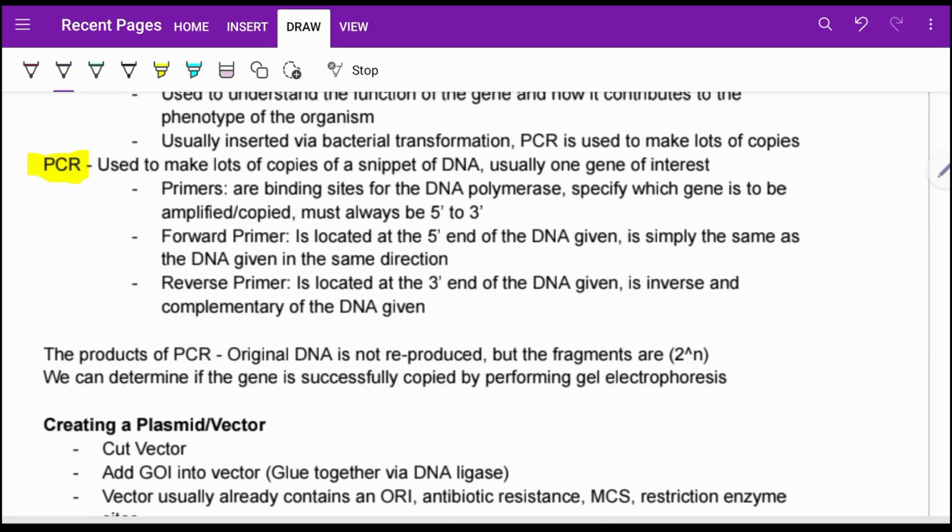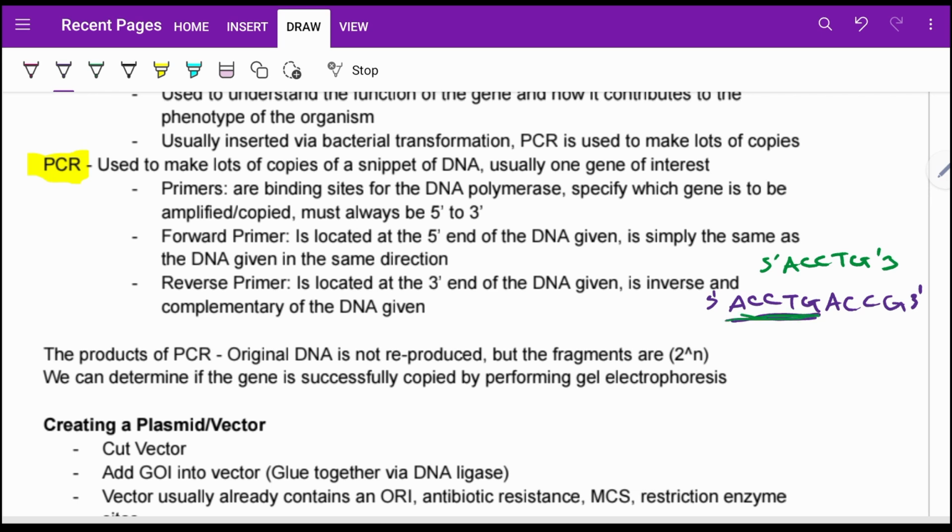So if our sequence was, really fast, A C C T G A C C G, and we had this was 5', this was 3', and this was our site for the primer, our forward primer would literally just be 5' A C C T G. So it would be the same copy. It would be exactly the same as this right there.